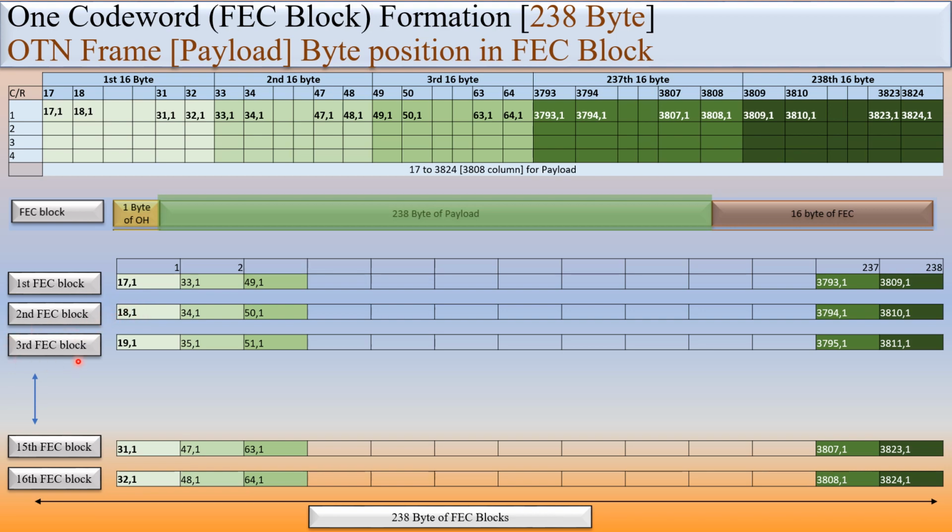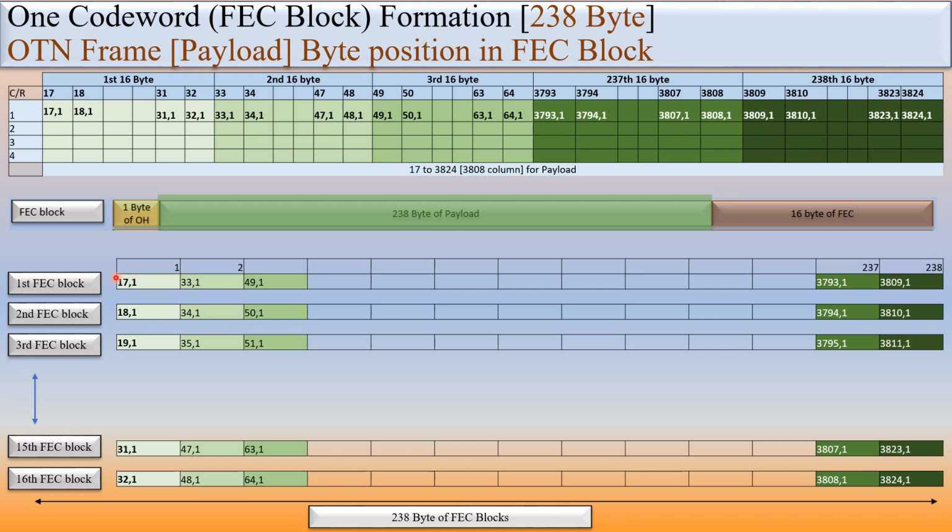In the third FEC block, the first byte is taken from this group's third byte. In the same way, in the 15th FEC block, the first payload byte is taken from the first group of 16 bytes, and that is 31.1. And the last byte of this group is placed in the 16th FEC block, first byte.